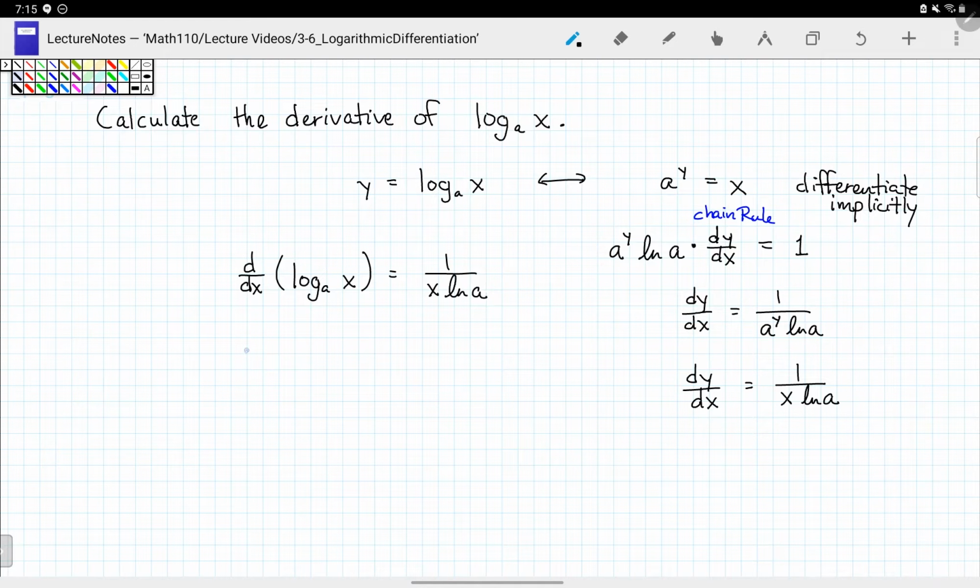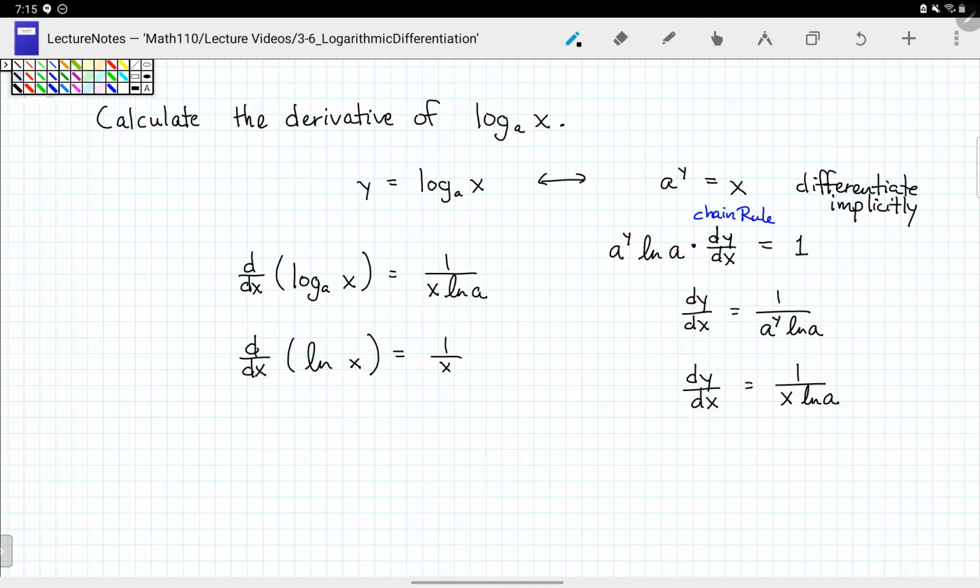And in fact, since the base e is sort of, well, we call it our natural log for a reason, the base e is sort of the natural exponential, and also the base e is the natural log, it's worth seeing that the derivative with respect to x of the natural log of x, since the natural log of e is 1, is just 1 over x.